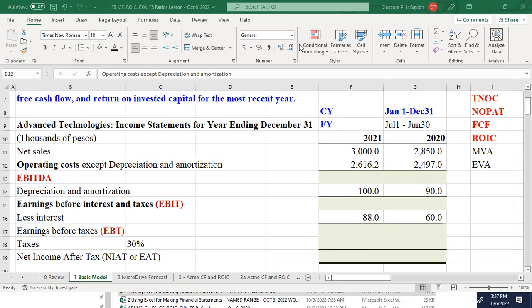When does a company incur depreciation expense? When they have what? Hello? Class, please respond naman.